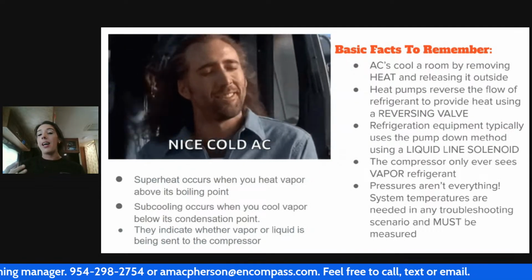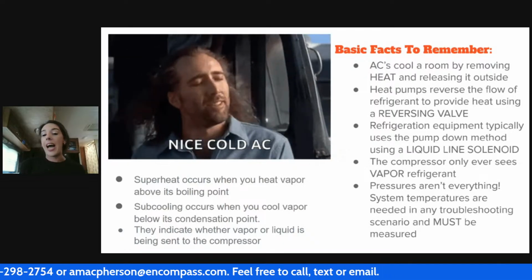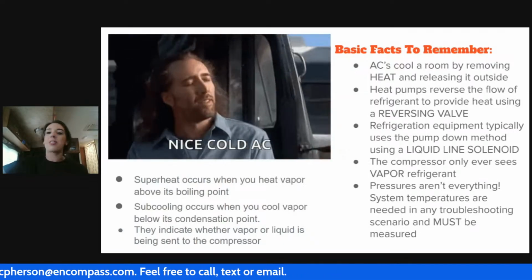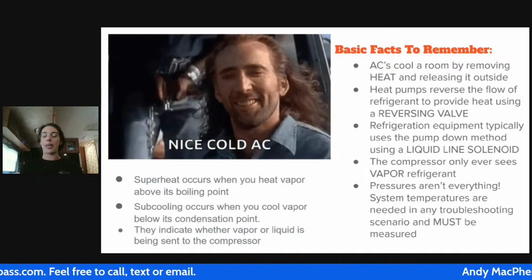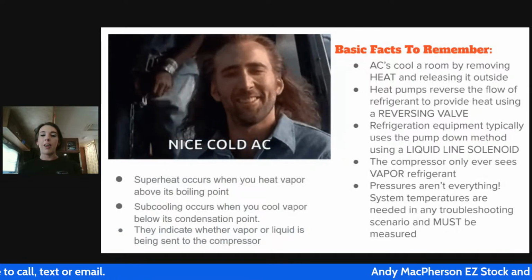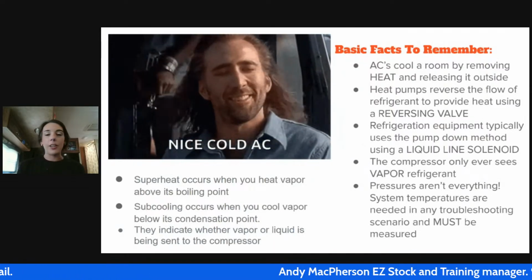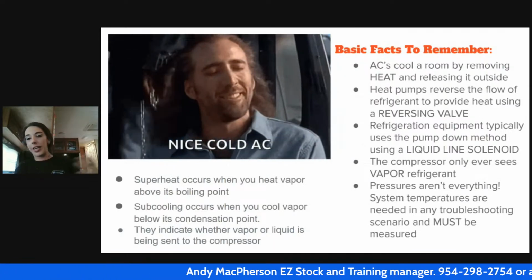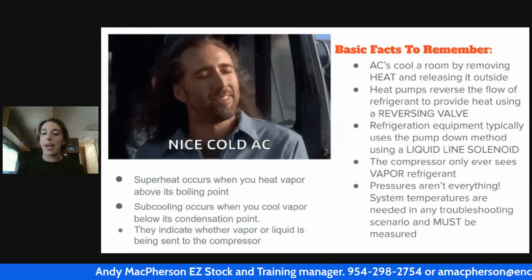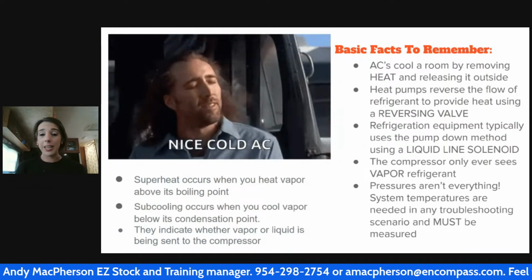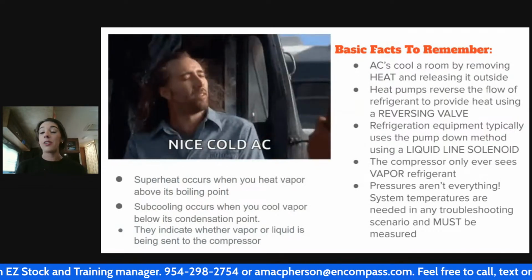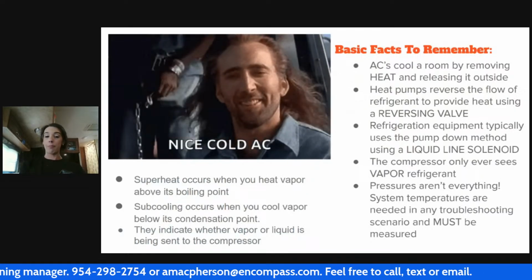So we may not get our air from our supply down to 50 degrees the first cycle that it goes through because we can't remove all of the heat at once. So what happens is we have 80-degree air, we pull it in, we condition it, and then now we have 70-degree air. Well, we need to keep going because that's not cold enough. So now we take that 70-degree return air and we treat it again.